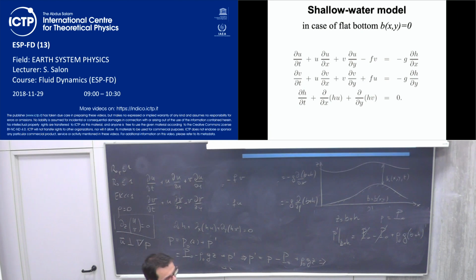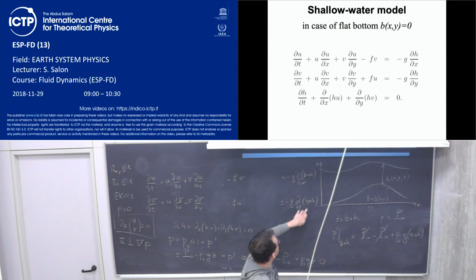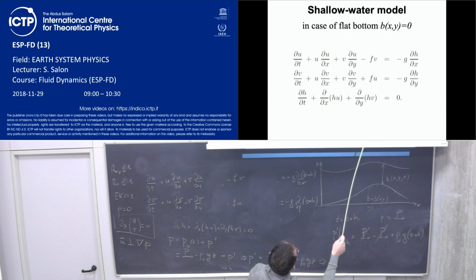And in the case of a flat bottom, which is a typical case, this term here can of course be removed, and what we have is simply this one. Okay? And this is called the shallow water model.